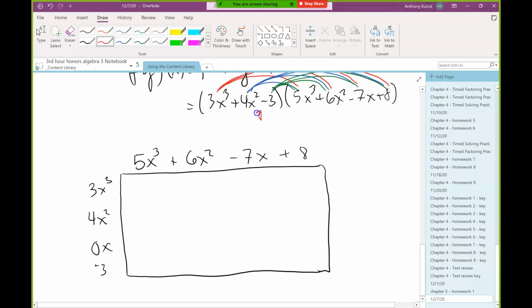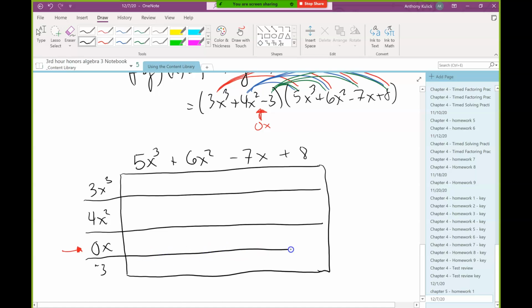Why did I do that? Well, you'll notice that in that first polynomial, I have no x term. And things work out a little bit neater if I include a spot for every term. So even if I don't have that term, I can just put in like a 0x or whatever in there.